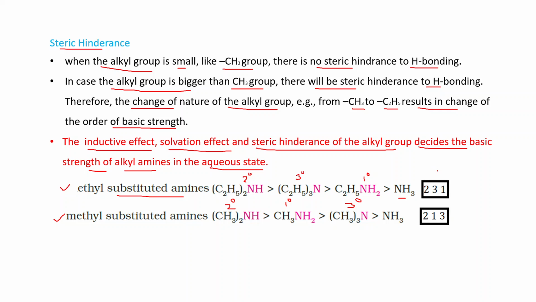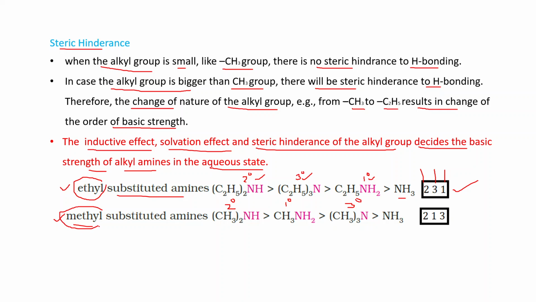Now, how can we remember this order? This is ethyl substituted. The ethyl group is larger, and if we arrange secondary, tertiary, and primary, we get the number 2, 3, 1. And in the case of methyl, methyl is smaller.